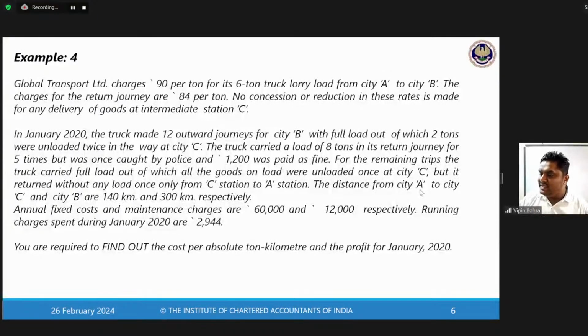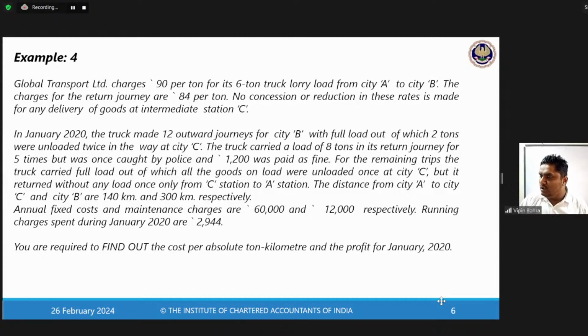So let's start with example number 4, wherein Global Transport Limited charges rupees 90 per ton for its 6-ton truck lorry load from city A to city B. The charges for the return journey are 84 per ton.